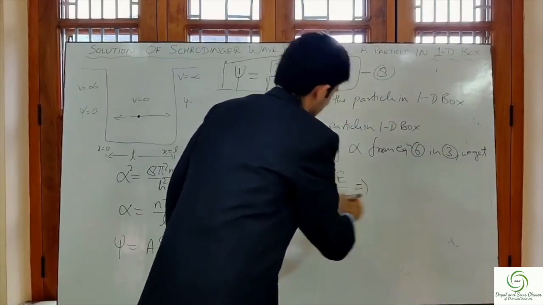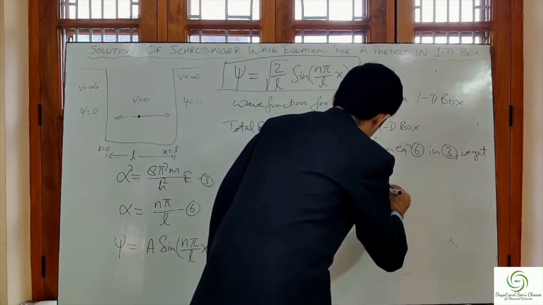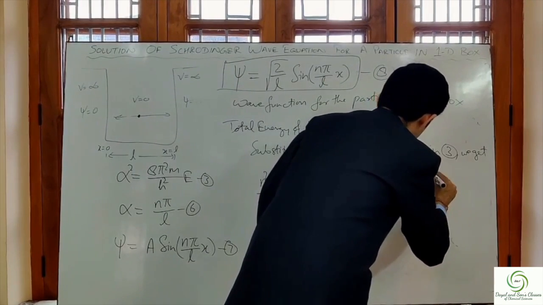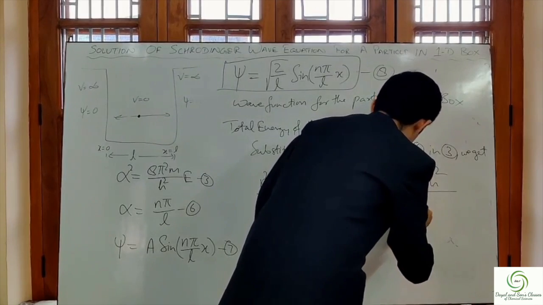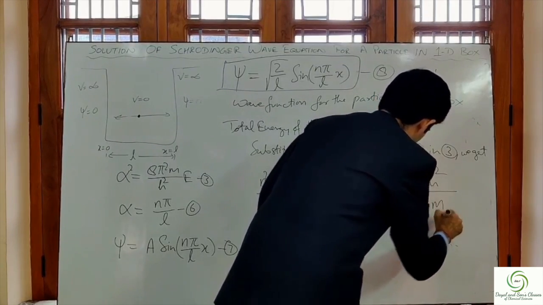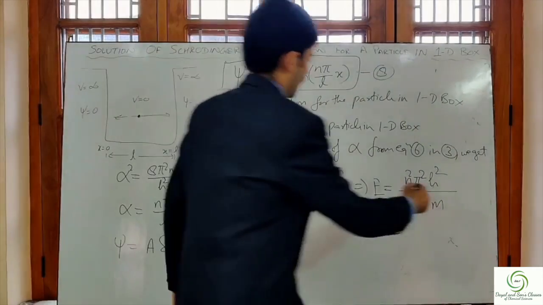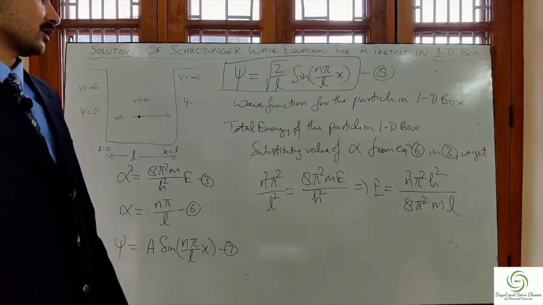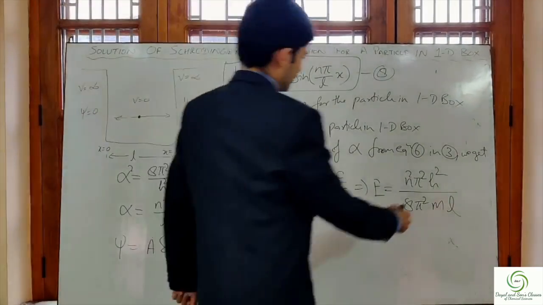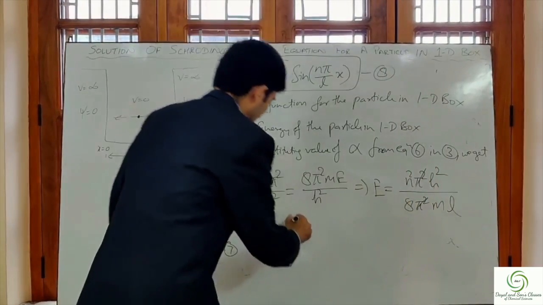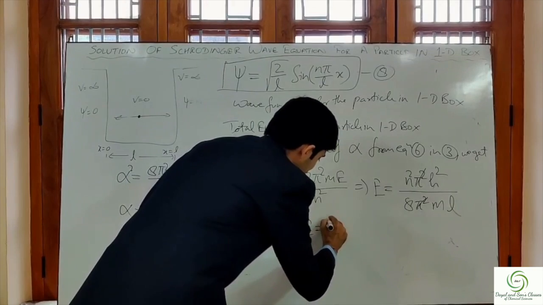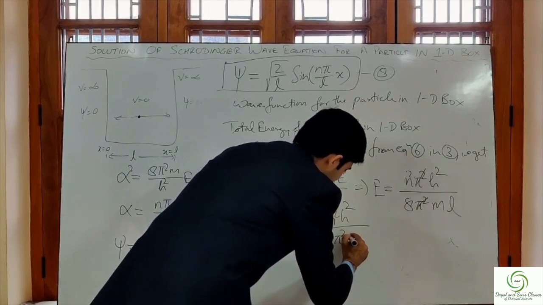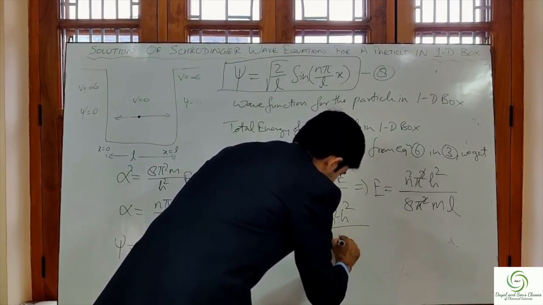This implies from here we get E equal to n square pi square h square upon 8 pi square m L square. Pi square gets cancelled. So what we are left with is E is equal to n square h square upon 8 m L square.